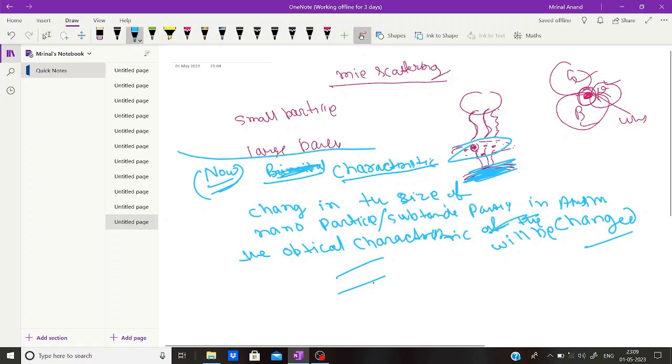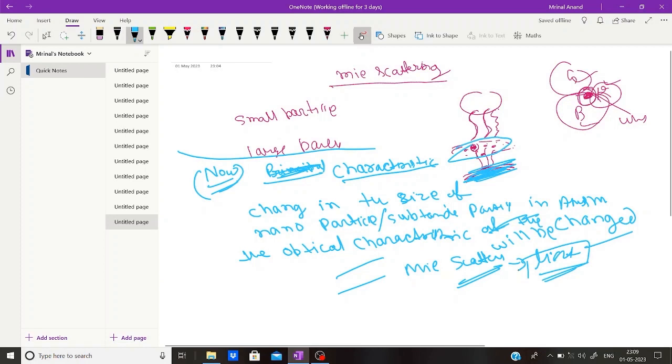So Mie scattering occurs when the diameter of the atmospheric particle is similar to or larger than the wavelength of the electromagnetic radiation. The light is also an electromagnetic radiation, so it is traveling in space.